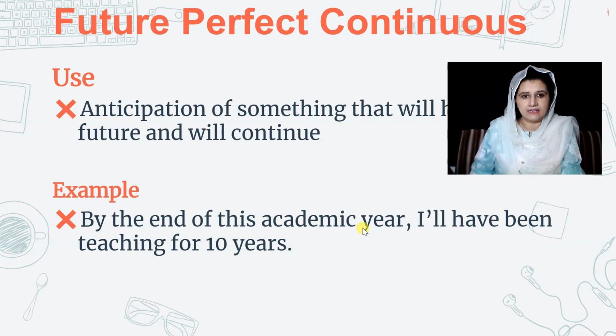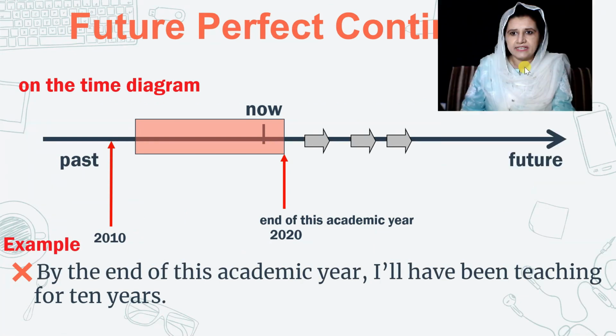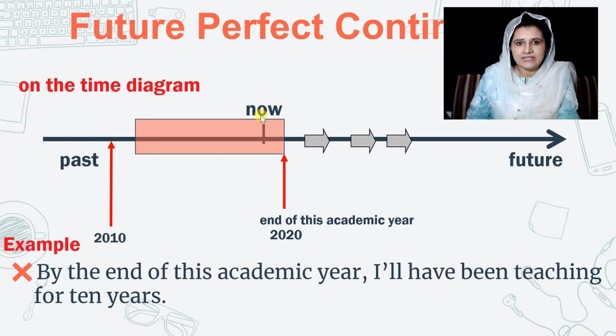Let's explain this concept through this time diagram. And here you can see, this is the present time and this one is past, and here it is future. So for example, if I say that by the end of this academic year I will have been teaching for 10 years, it means that I started teaching maybe in 2010, and at the end of this academic year 2020, I will have been teaching for 10 years.